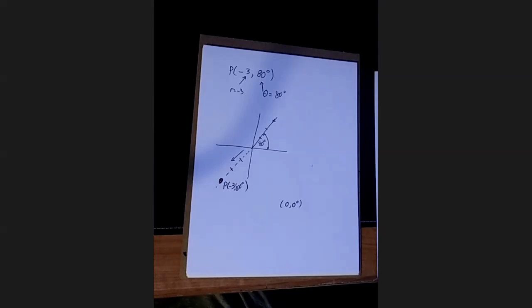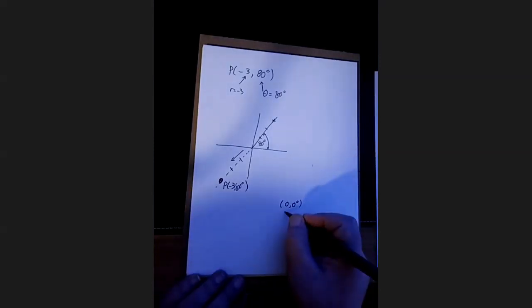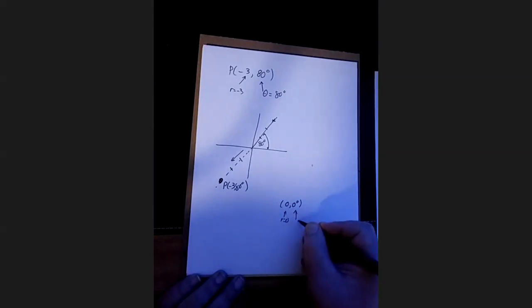Yeah, it's the origin. Does that make sense? You don't move any angle, and I guess that's the x-axis, right? If you don't move, 0 degrees is the x-axis. And then how far away from the origin do you go, the r value? Well, the r value is 0, and theta is that.